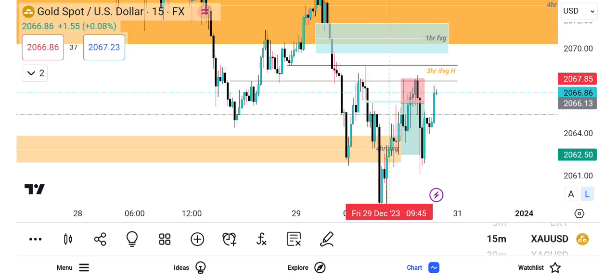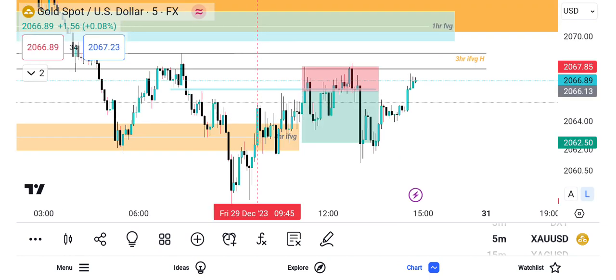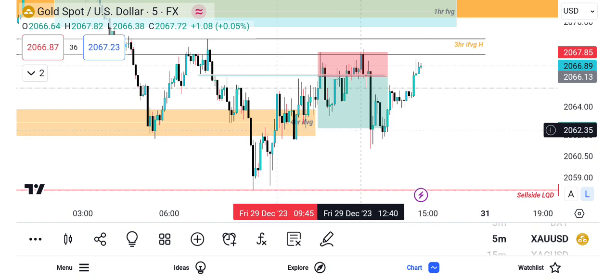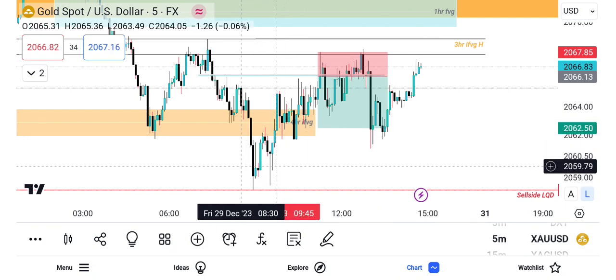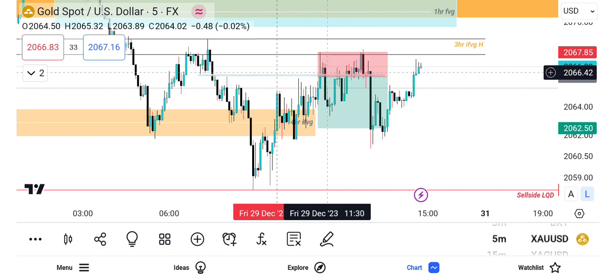By the way, we had news at around 9:45. I was watching it, and I don't know whether I should be capitalizing on these opportunities, because I wanted to see price rally above this level, right?